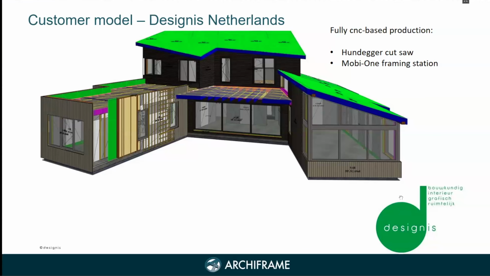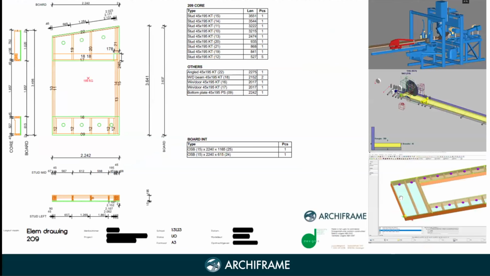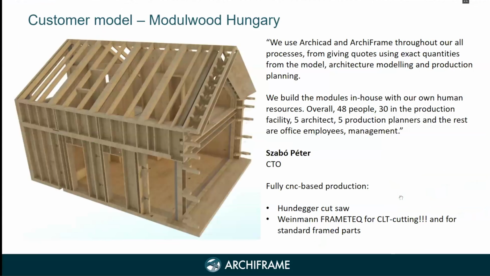So this company, they don't have their own production. Instead, they are more like a design studio, and in some cases they are developers, so they build the houses, but without their own factory. And production drawings that they are using.